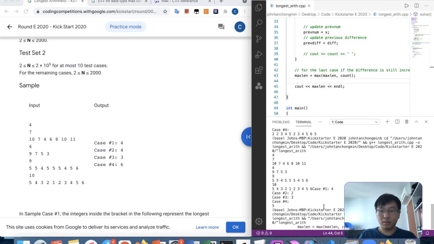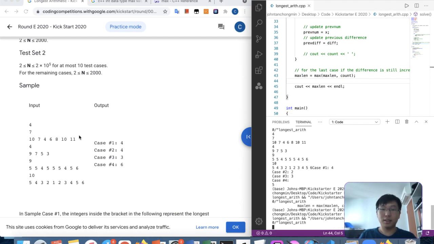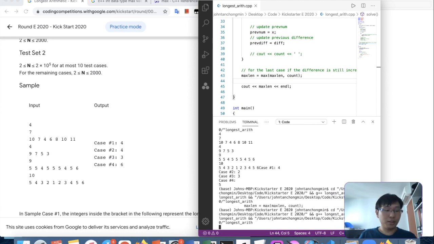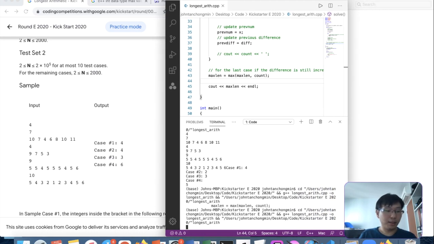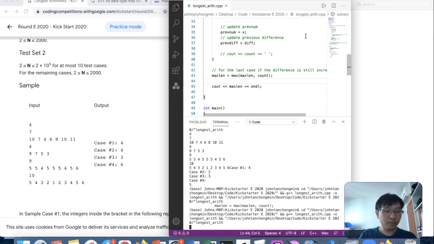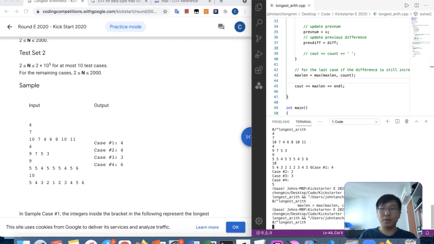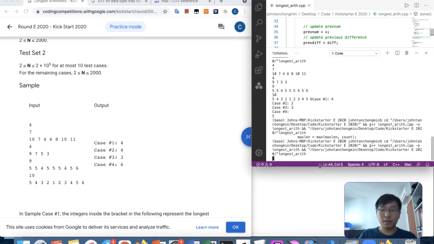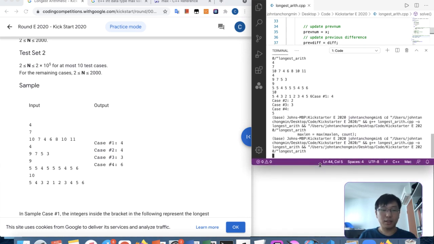Let's try this. Actually, it's not very good to put it over here because you may not be able to see my code. Okay, let me just adjust my window a bit. Or another way I can do it is to bring it up so that it doesn't block.